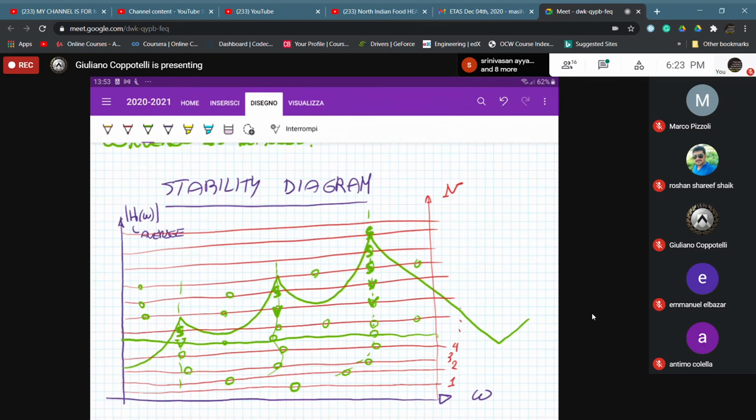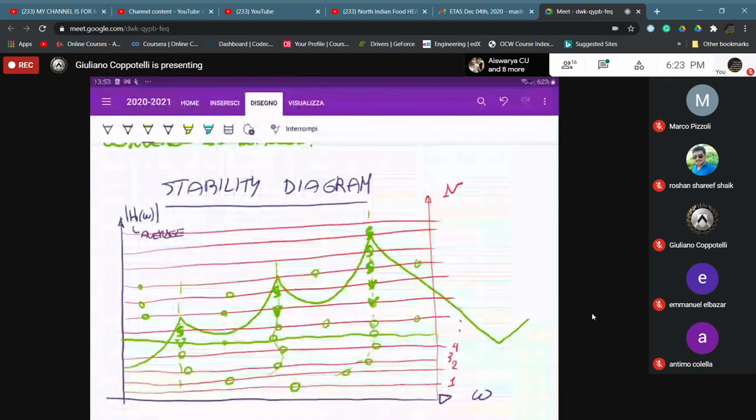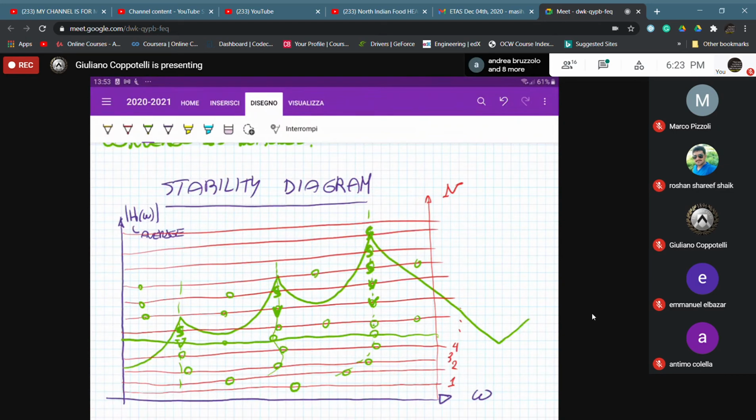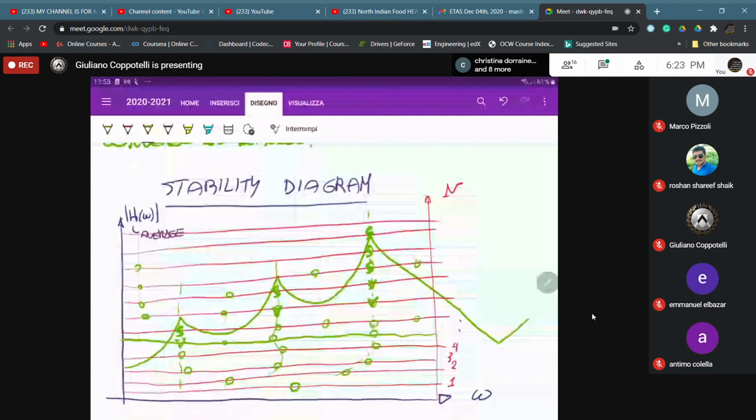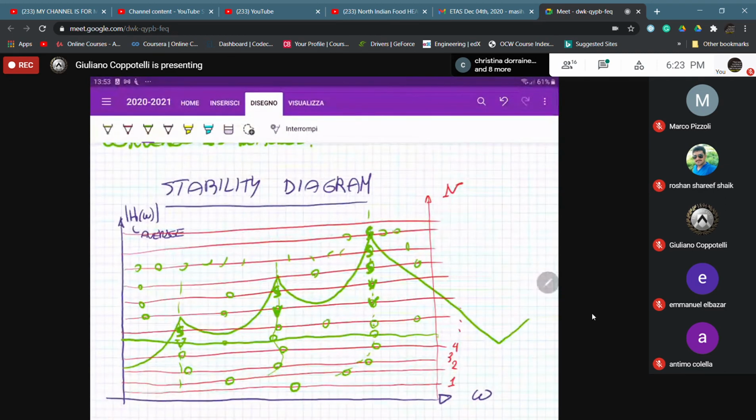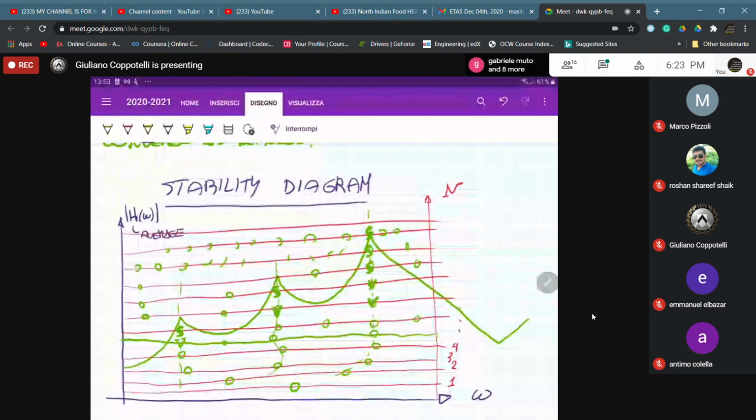By the way, if you are increasing your model order, that is, if you are using n much larger than the actual system model order, then there could be numerical instabilities, and therefore you can have a lot of poles characterizing each stability line, each model order line, like that.